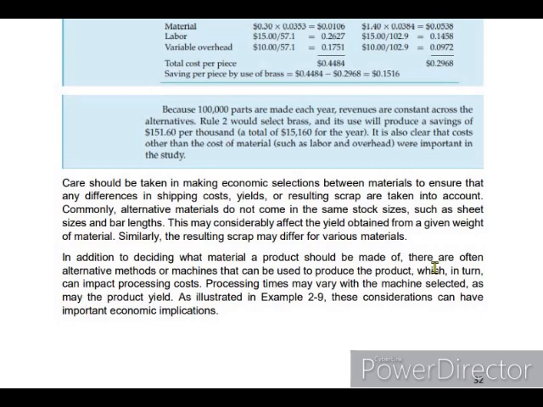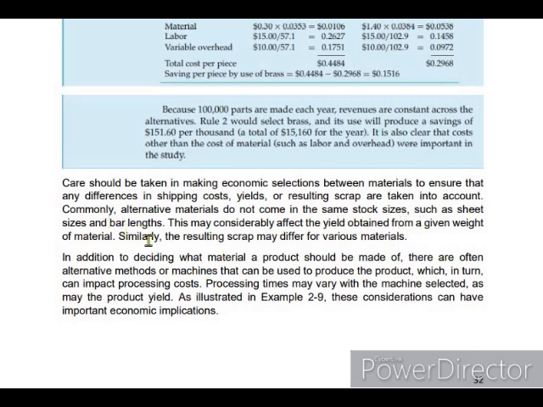Okay, because we will be adding those costs. There are costs in shipping, in yields if the products are defective, as well as in the scrap, because when the product becomes scrap, the work that was done to it will be a cost to the company. Okay, so all the costs should be taken into account.